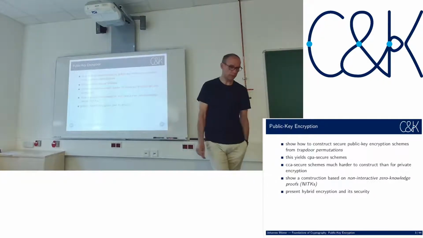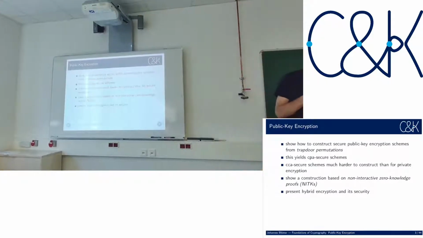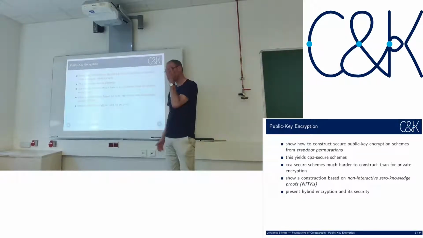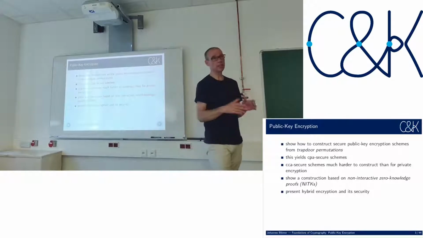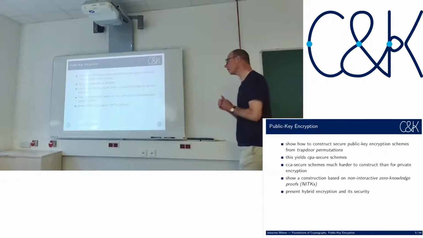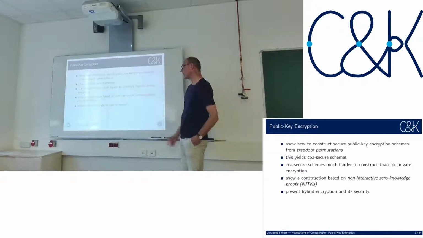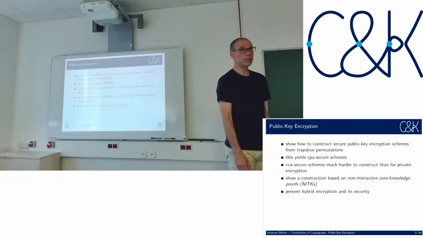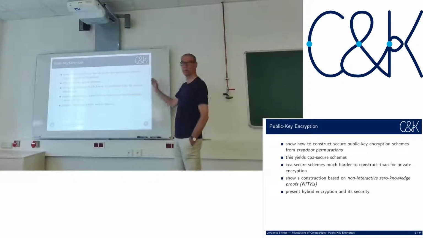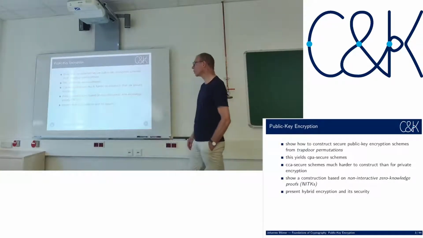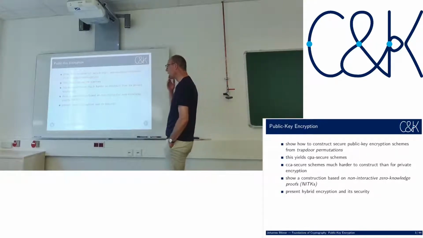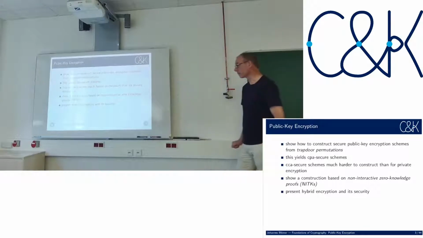In the private key setting, we saw that we can combine a CPA secure private key encryption scheme with a message authentication code in the encrypt and authenticate way to obtain CCA secure private key encryption schemes. This technique doesn't work at all in the public key setting. So we have to use different techniques, and all the techniques that we know are rather complicated.